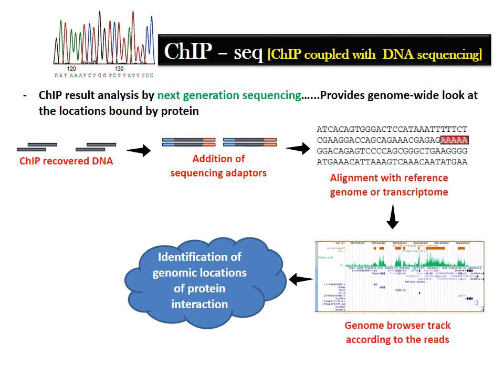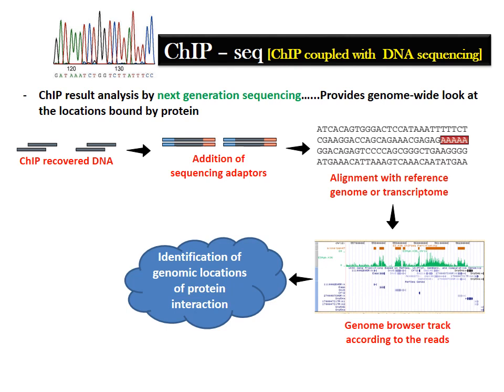When chromatin immunoprecipitation results are analyzed by DNA sequencing, it is called ChIP-seq. Here the ChIP results are analyzed by next generation sequencing, which provides a genome-wide look at all the locations throughout the genome bound by the protein. The ChIP recovered DNA is processed for addition of sequencing adapters at both ends.